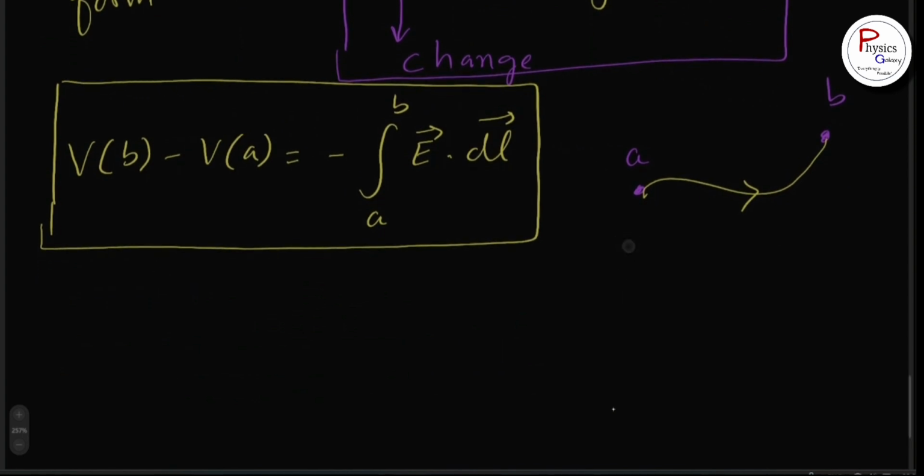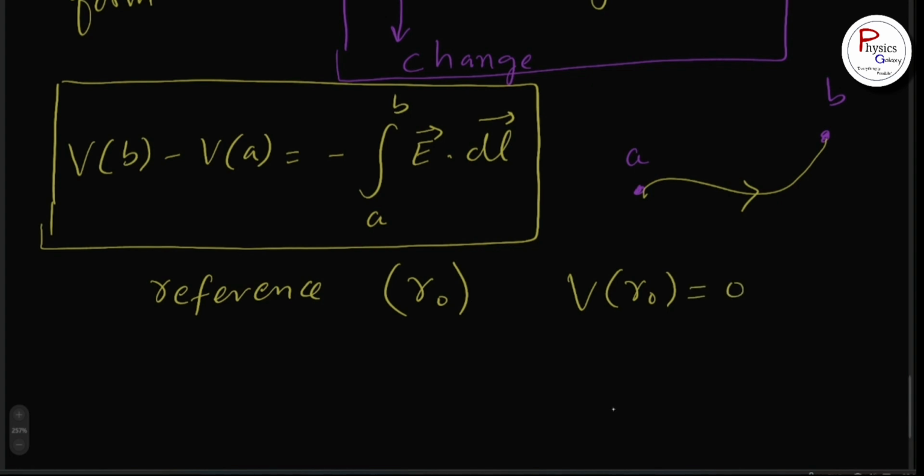Not only change: if we choose some reference point, suppose we take it as R0, then we can assume that the potential at the reference point is equal to 0.